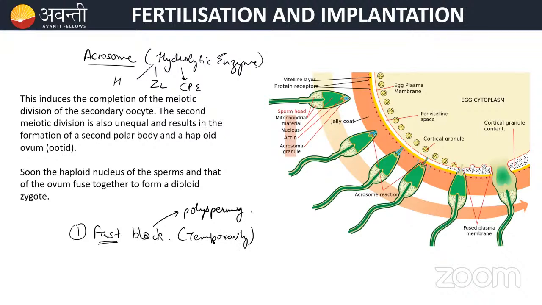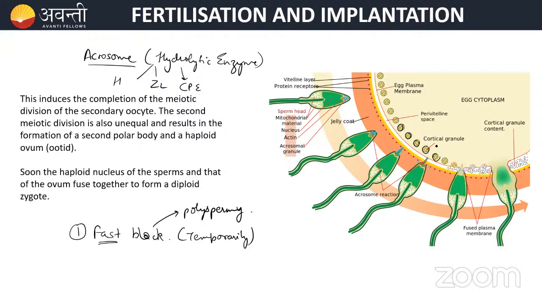Now what happens after the first block? The cortical granules, which are present in the cytoplasm of the secondary oocyte, start coming close to the plasma membrane of the secondary oocyte. These cortical granules start releasing a secretion of calcium carbonate in the perivitelline space, which is present between the zona pellucida and the plasma membrane.